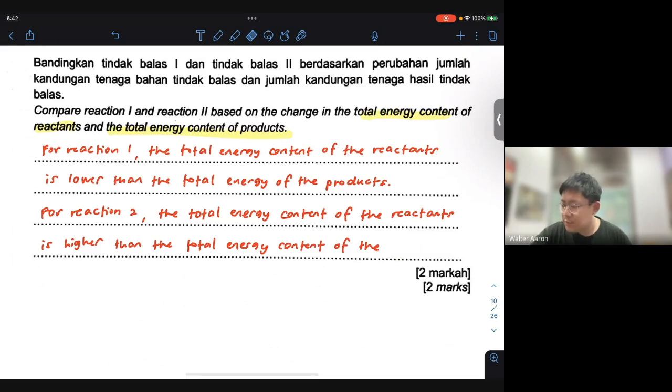So it's very simple. Then if you describe that correctly, you should be able to get 2 marks in total already.